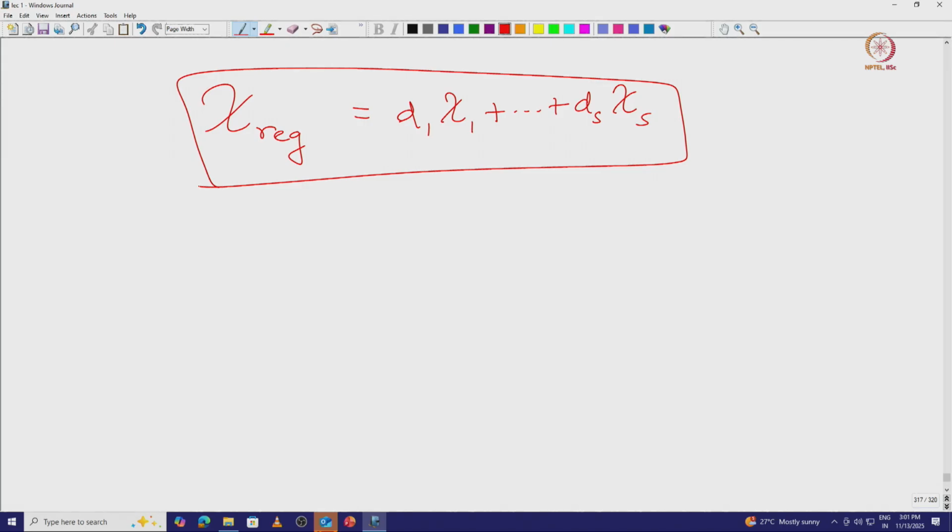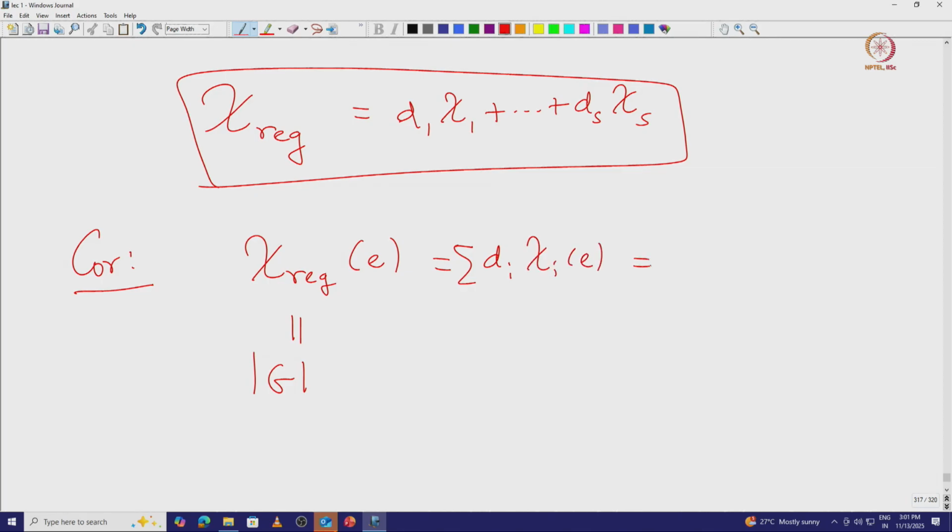Now by evaluating at identity, we can see as a corollary that chi regular of identity, which is exactly equal to the dimension of C G, which is the cardinality of G, is exactly the sum of d I chi I of E, which is exactly summation d I square. So, this proves an important identity that the cardinality of G is nothing but the sum of d I square.